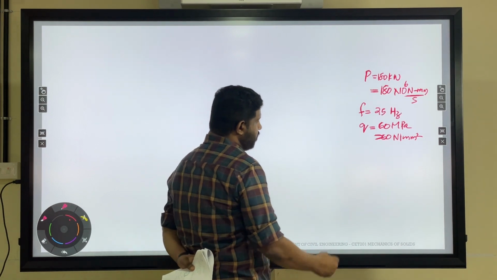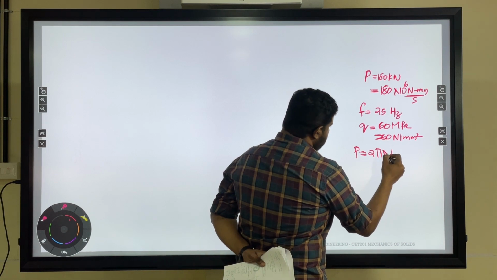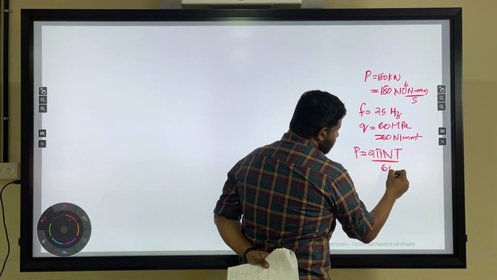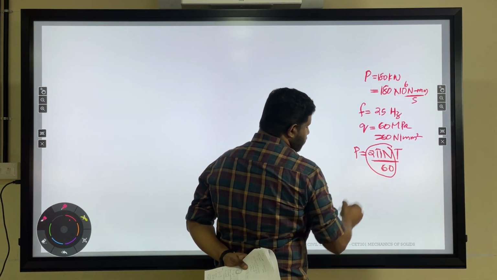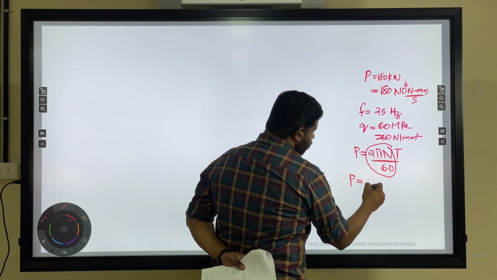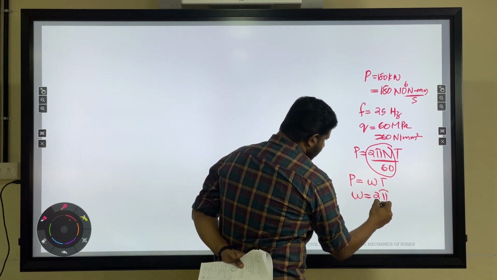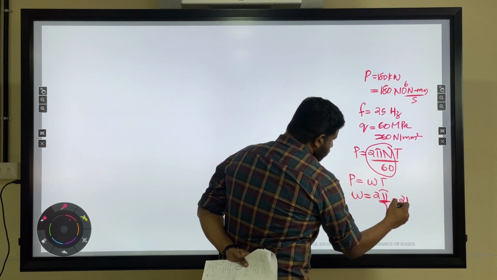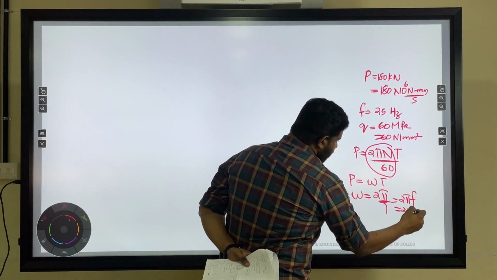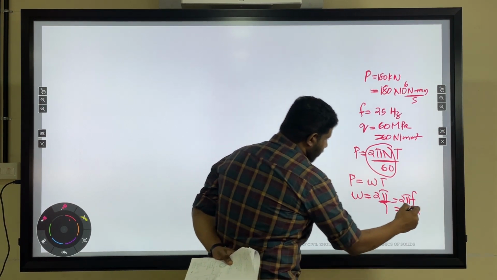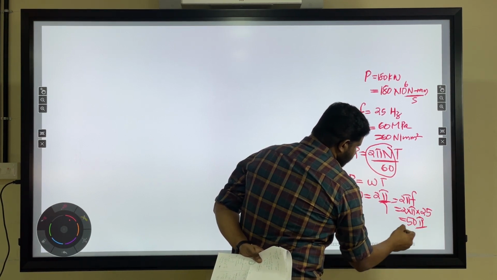For that we can use the equation P is equal to 2 pi n t divided by 60. This is the equation for calculating power, where 2 pi n by 60 can be replaced using omega. P is equal to omega times torque. Omega is from the equation 2 pi by t, which is equal to 2 pi f. So 2 into pi into frequency. Frequency value is 25. You will get it as 50 pi.